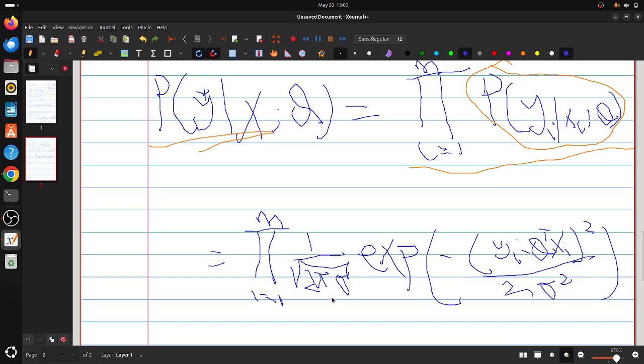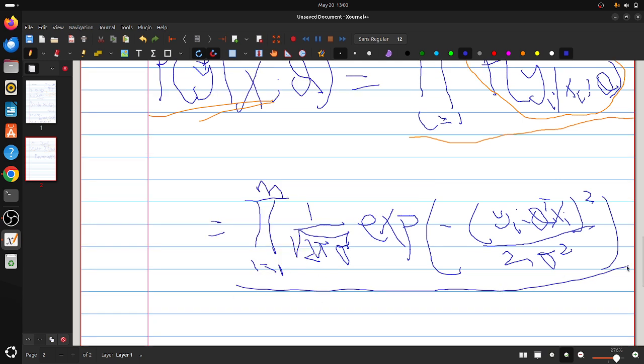So now the probability of all the observations is given by the product of all these probabilities.